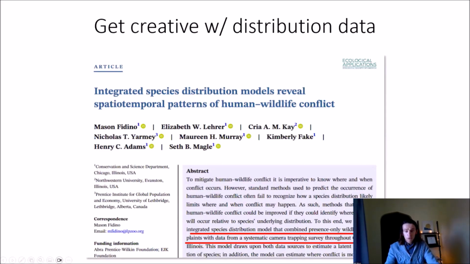They were working with the City of Chicago. They got information from the city on whenever folks called animal control to complain about raccoons or opossums, that sort of thing, and they considered those presence only data. They put that in an iSDM with their camera trap data, and with that they were able to make these really cool maps predicting spatiotemporal patterns of human wildlife conflict. That's an exercise you're able to do with this iSDM framework. So I think that's a really cool example.